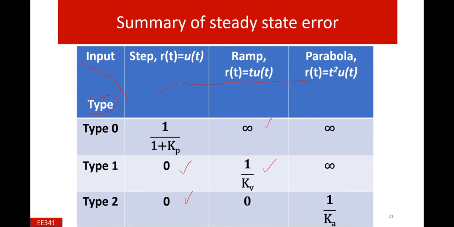And similarly for parabolic excitation, if we apply the parabolic input to the system, then the steady state error for type 0 and type 1 systems is infinite, and the steady state error for the type 2 system is 1 over Ka. It depends on the acceleration error constant.